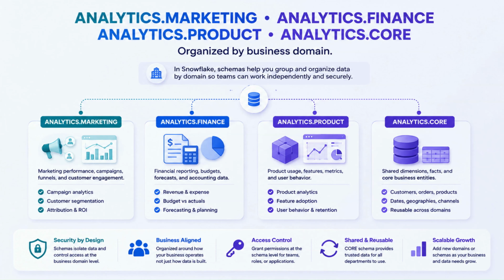Within each database, schemas provide the finer-grained organization. Inside RAW, we typically create one schema per source system: Salesforce, Stripe, ERP, so it's always clear where data came from. Inside staging, schemas might mirror the source systems or be organized by domain: customers, orders, finance.